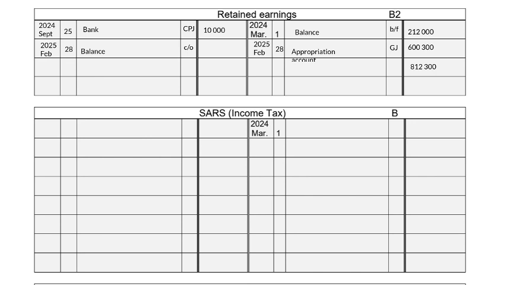We also make that equal to the debit side. So 812,300 minus 10,000 gives me a balance carryover of 802,300.